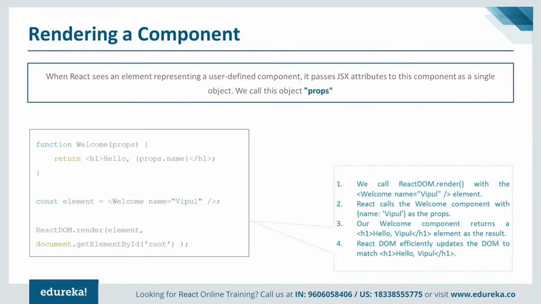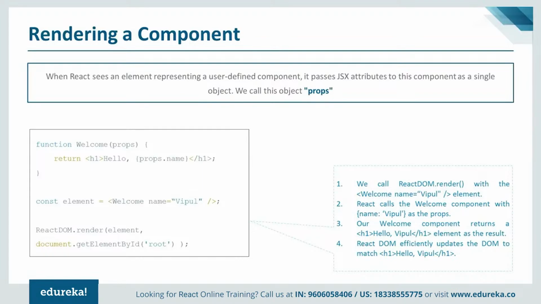Now, how do we render a component? When React sees an element representing a user-defined component, it passes the JSX attributes to this component in terms of props. First of all, we call the ReactDOM.render method with the welcome component with name equal to, here you can see, Edureka. The name of the function is welcome.